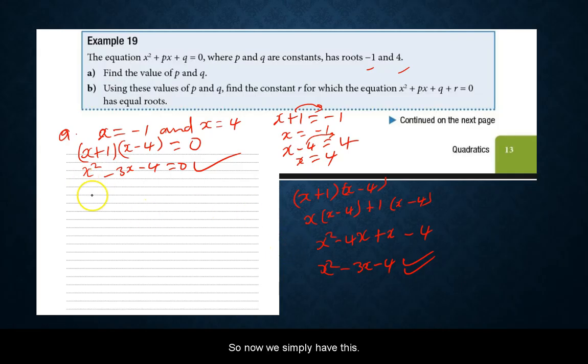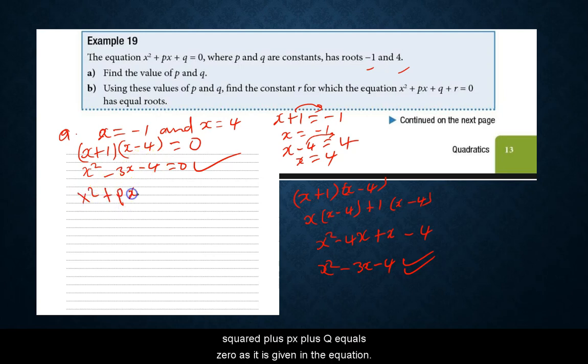So now we simply have x squared minus 3x minus 4 equals 0. So what are we going to do? We want to compare with x squared plus px plus q equals 0, as it is given in the question. Now that we have x squared minus 3x minus 4 equals 0, what is the value of p?